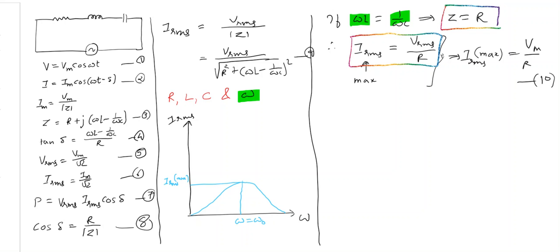And at that time, how much is the current passing through the circuit? The answer is it is Vm by R. And the frequency at which this happens, that angular frequency is called resonance angular frequency. And then if I compare omega 0 with 2 pi f0, then I can say that this f0 is resonance frequency.